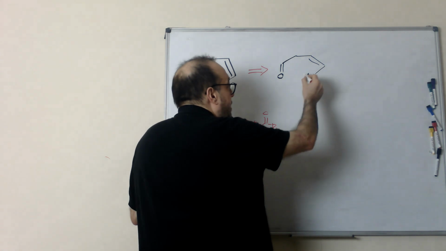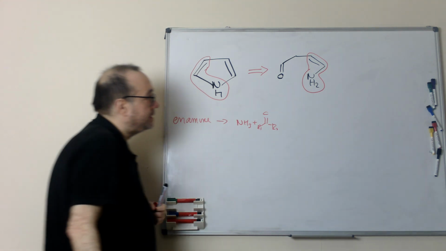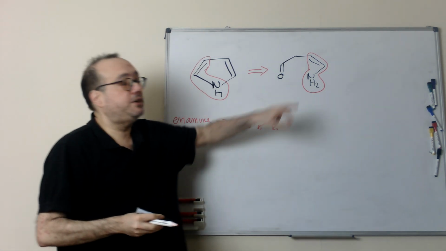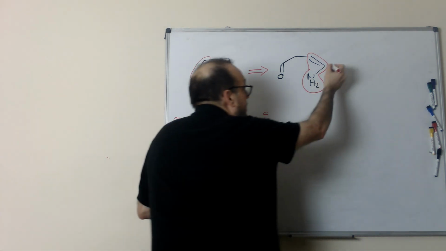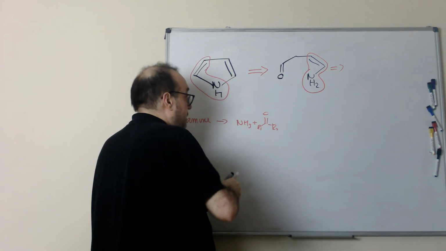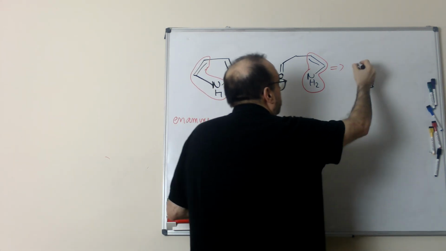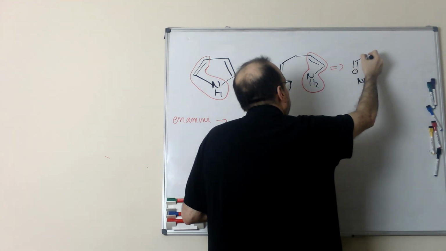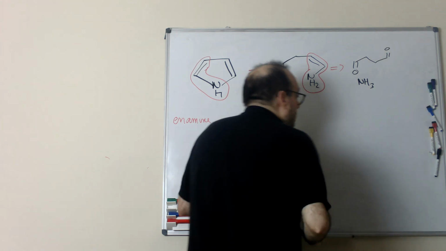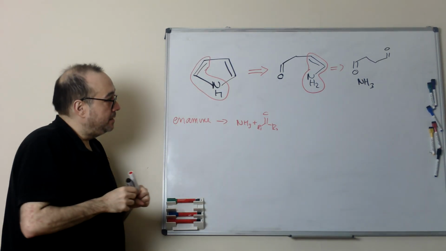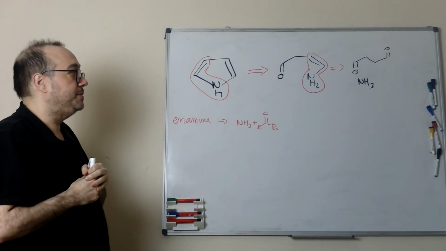If we analyze the structure, here we have another enamine, and basically we can do the same as before. This can come from the addition of the amino plus the carbonyl group. This is one of the basic syntheses of pyrrole.